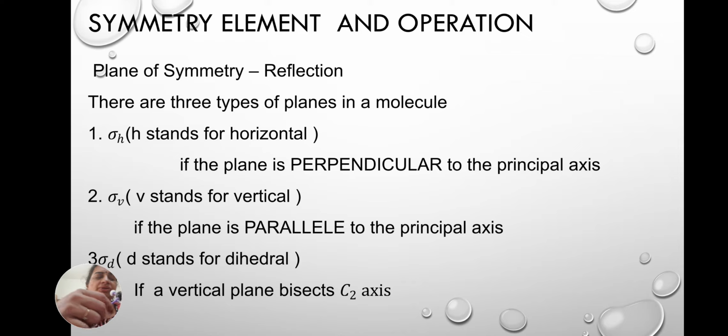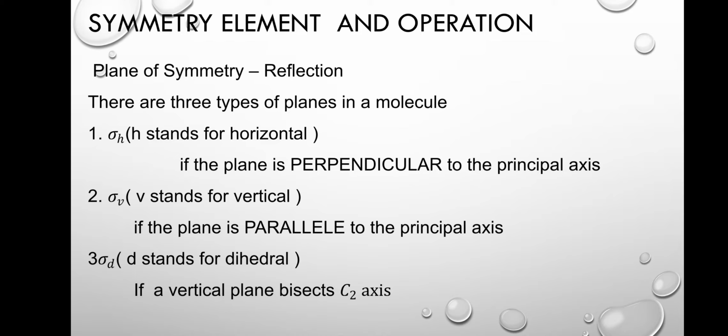Then, plane of symmetry. From all the discussions, what we can see here is that there are three types of planes in a molecule. One is sigma h, where h stands for horizontal. If the plane is perpendicular to the principal axis, and the principal axis is the axis having the maximum value of n.